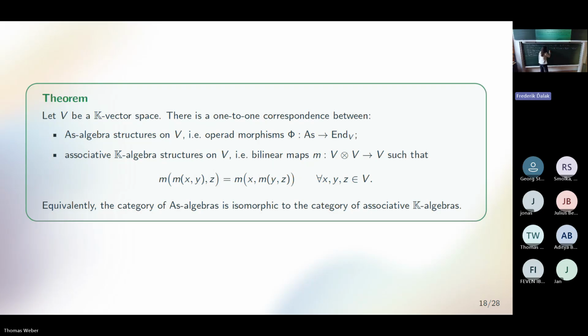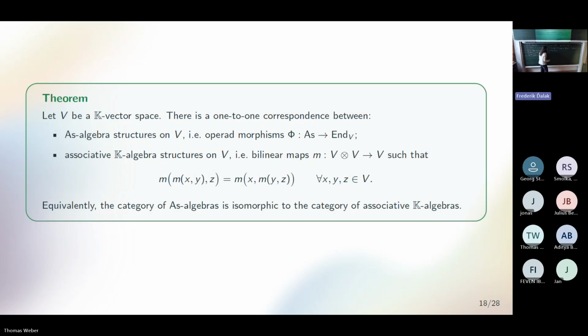Now we have to check that F is well defined, is well posed on morphisms and objects as well. So we have to check that m_V is bilinear and that it is associative. m_V is bilinear by definition because it is an element of End_V(2), so it is clearly bilinear.